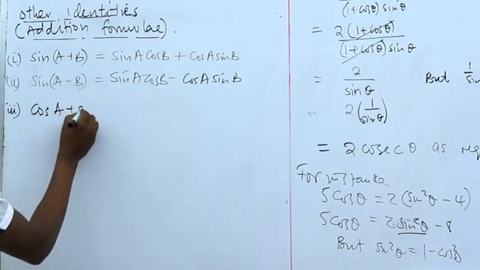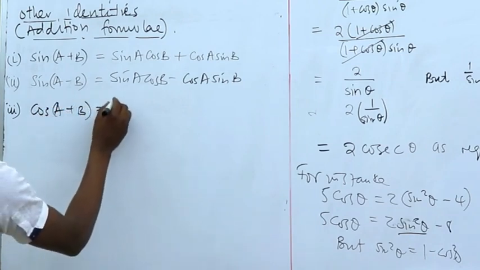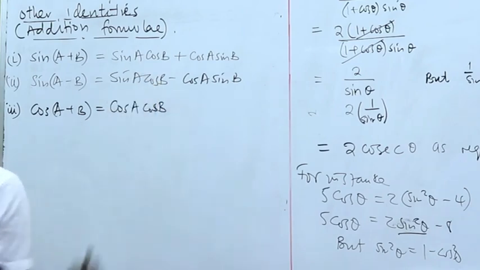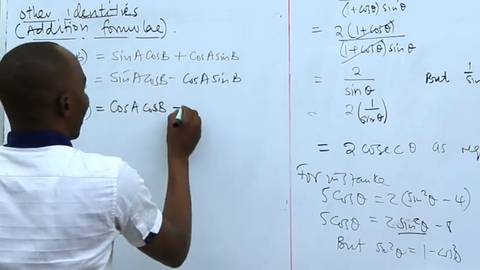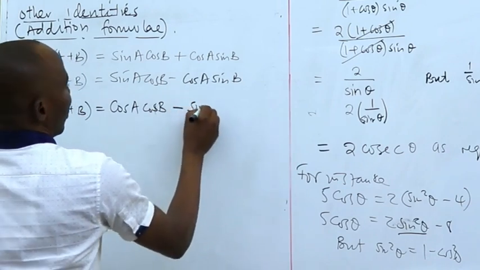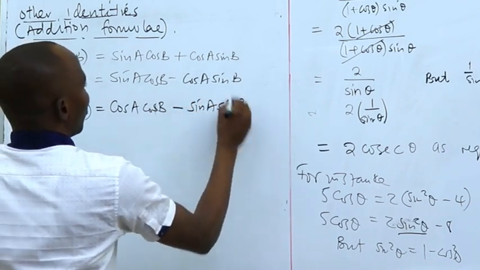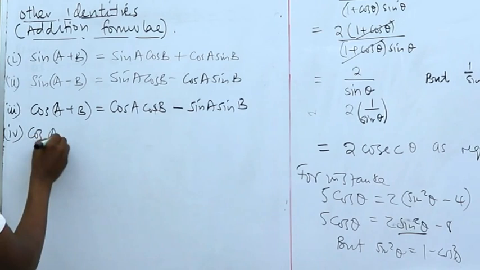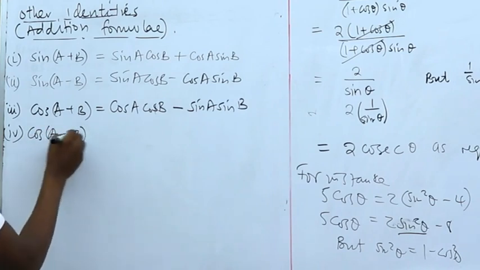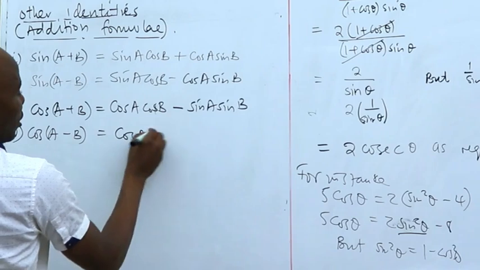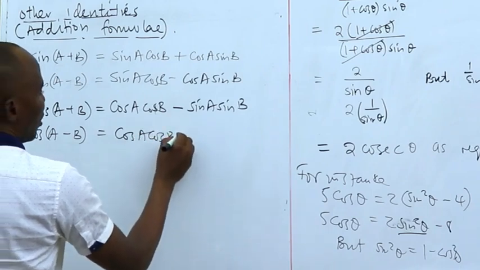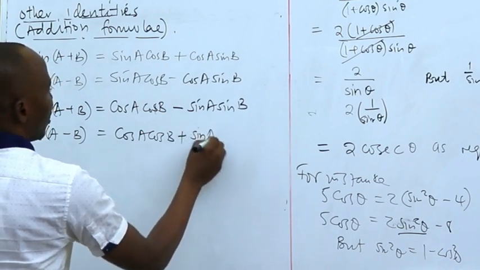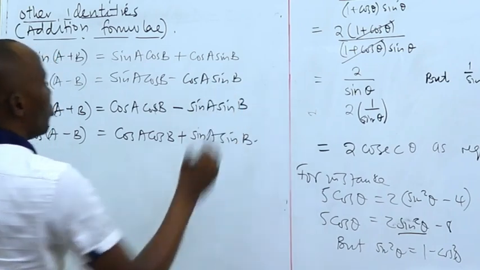Cos of A plus B is cos A cos B minus, you have to be very keen there, sine A sine B. If it is cos of A minus B, this one is cos A cos B plus sine A sine B.